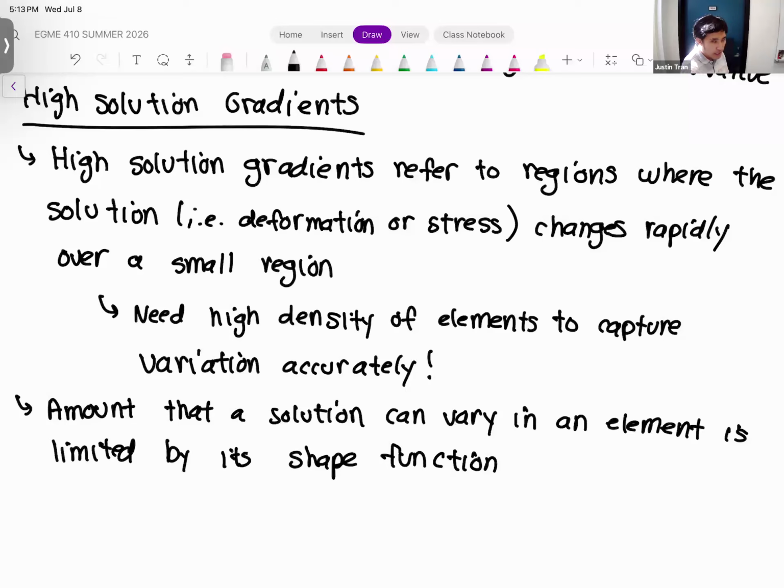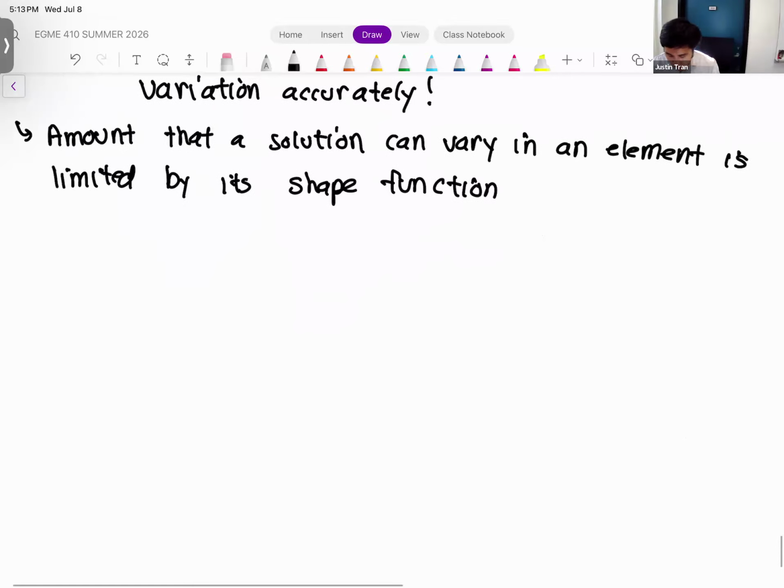This is why understanding the shape functions for all the different types of elements is important, because it tells you how quickly a solution can change as you go from one end of the element to the next. The highest order element that we can use is a quadratic element, which is great. Quadratic lets you vary things much more quickly than linear. But even a quadratic element has its limitations.